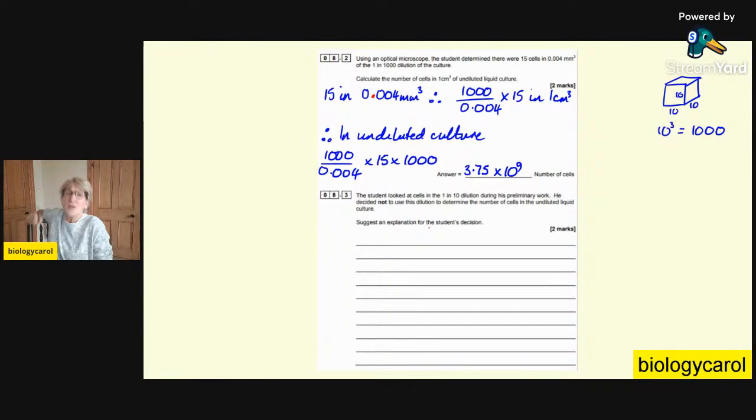The most obvious reason to me is that he's looking down his microscope and there are too many bacteria to count, because he hasn't diluted the culture enough. There are just hundreds or thousands of them in one field of view. It's just not possible to count accurately. You're never going to keep track of them, are you?